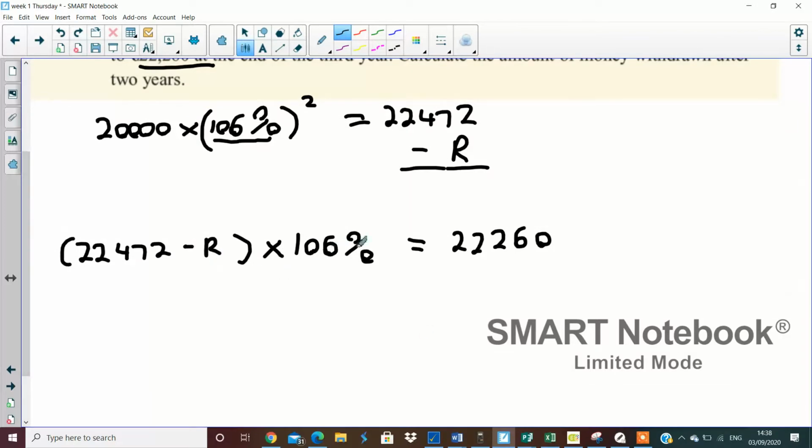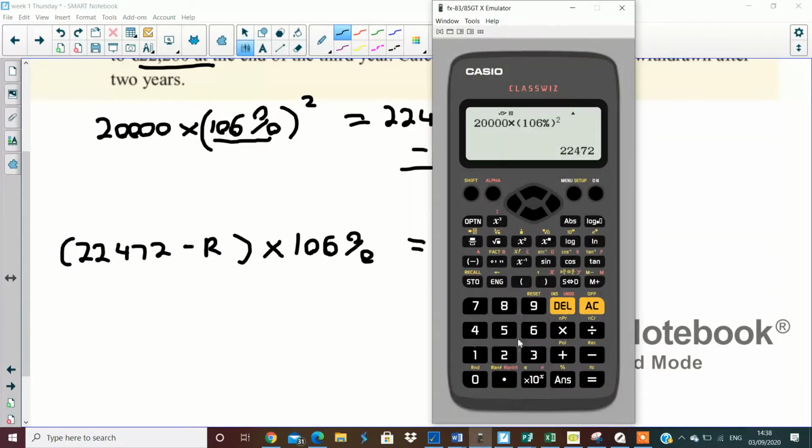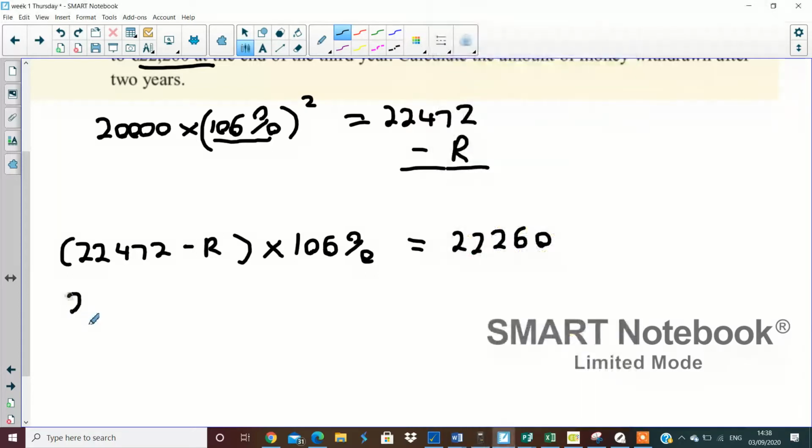Now, next thing. What happens when you multiply something by 106%? So this number here, the 22,472, multiply that by 106%, and what happens? You get a bigger number, which is 23,820.32. What happens to the R?